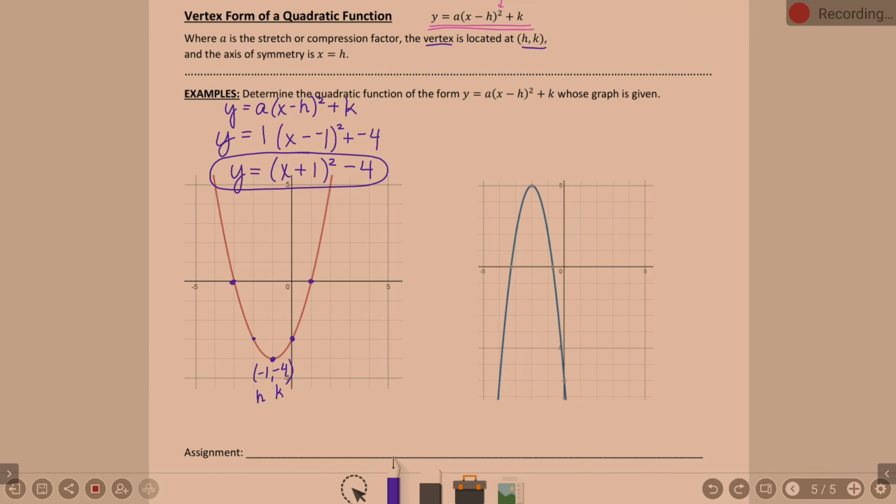Okay. One more. Again, we're trying to fill in that form. Y equals A times x minus h squared plus k. What do you see? Your vertex is 2, 5.